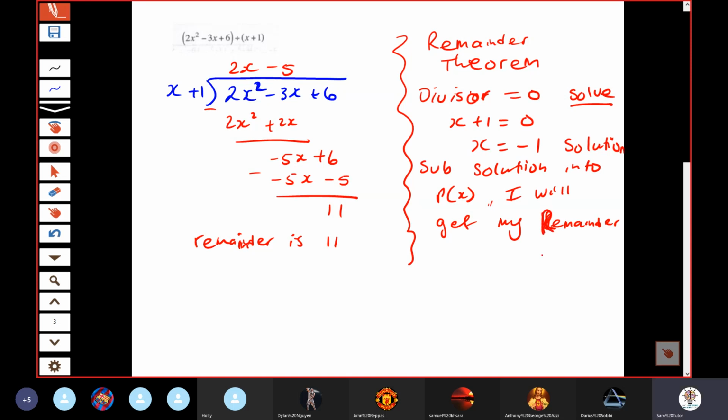So let's see if it's true. I'm going to sub in -1 into here. So 2 minus 1 squared minus 3 minus 1 plus 6. 6 plus 3 is 9 plus 2 is 11.